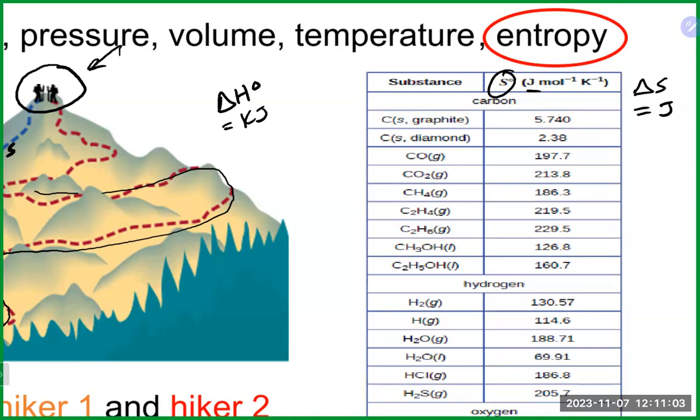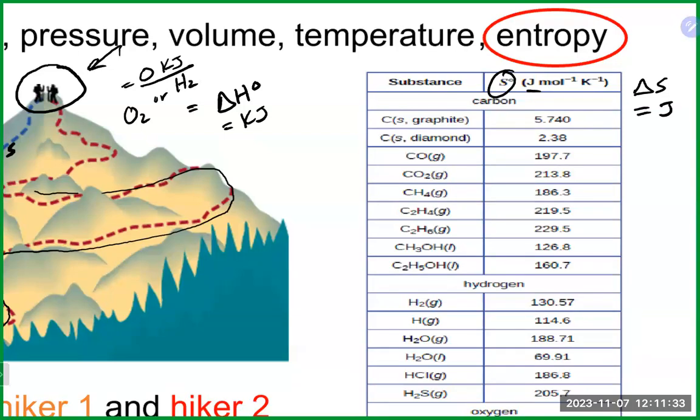Also different is that the delta S values that you look up in a table are essentially all going to be positive values. So you won't find too many negative values there for entropy in this particular table. When I look up a delta H value for something like O2 or H2, those values are 0 kilojoules, right?